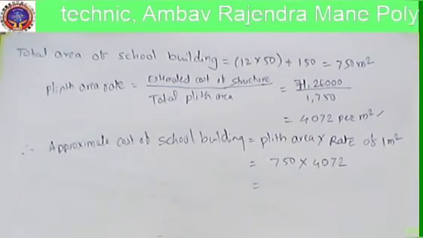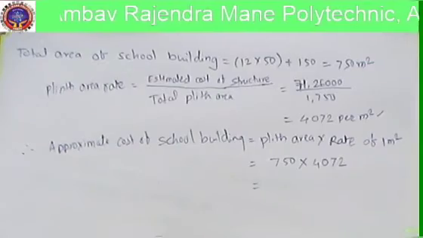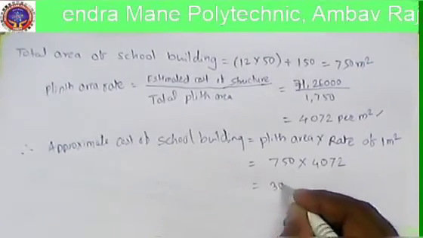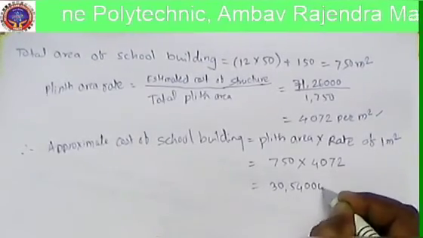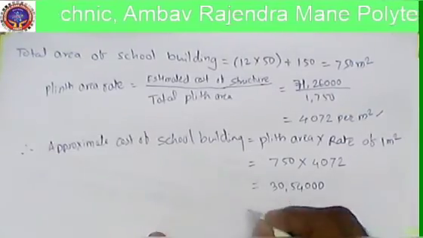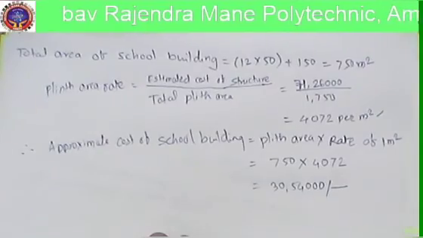So the total approximate cost of the building is equal to 30 lakh 54,000. So the total cost of the building is 30 lakh 54,000.